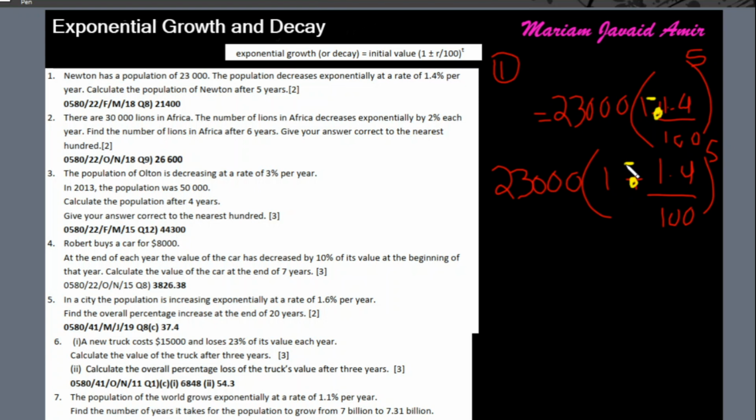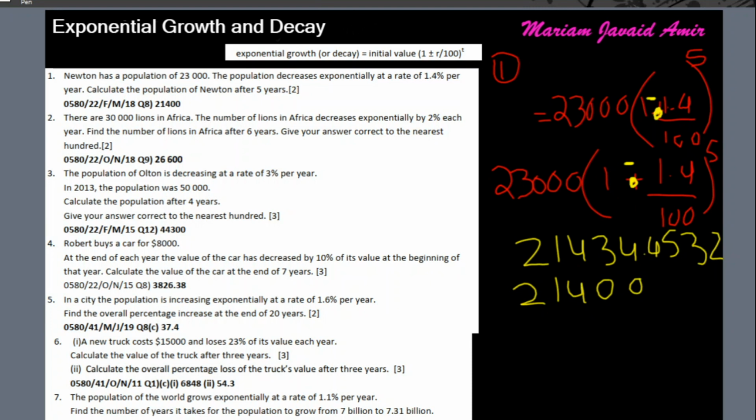When I enter this in my calculator, I will get 21,434.4532, and when I round this off to 3 significant figures, this becomes 21,400. So this is the answer for question 1.